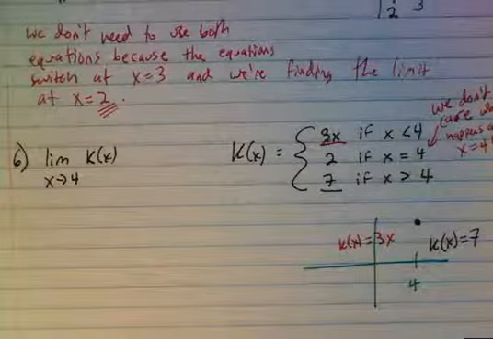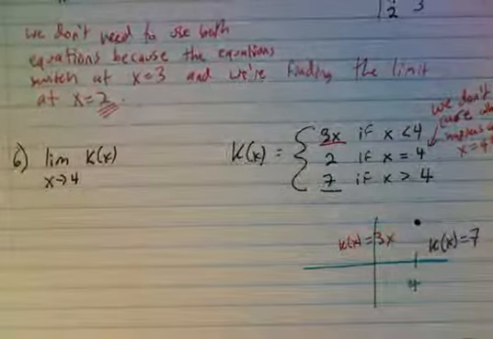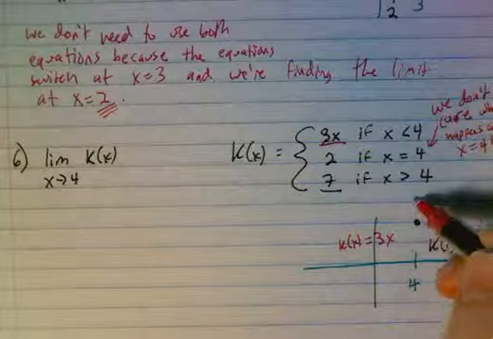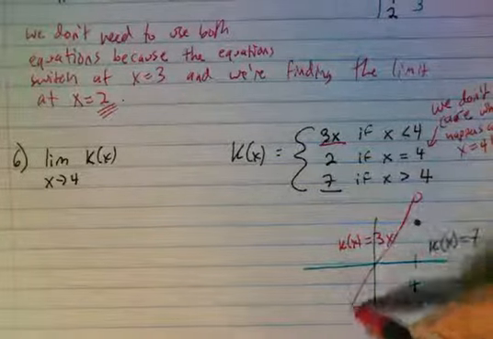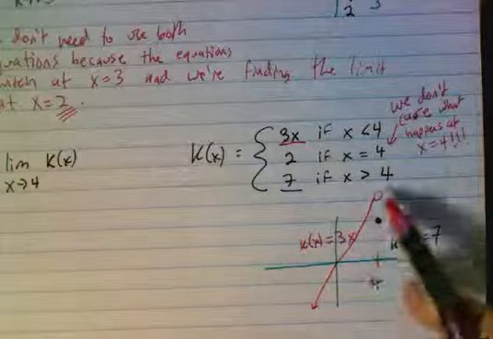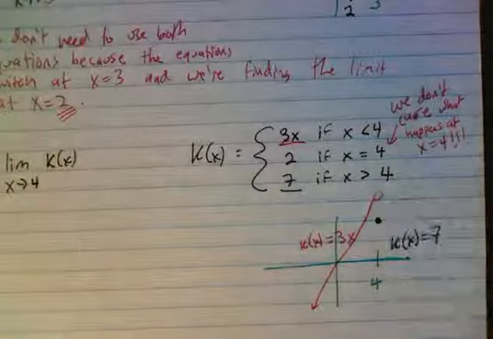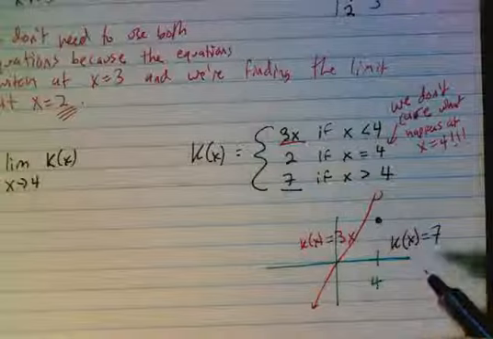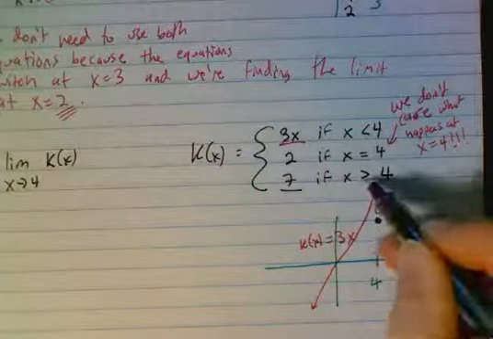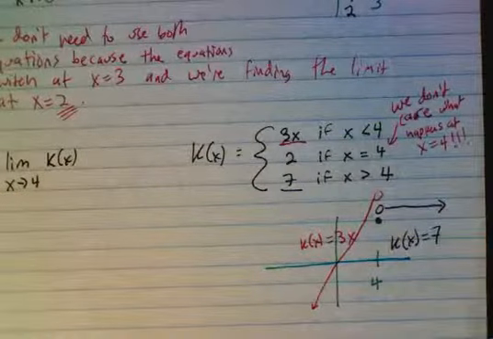We're talking about its hopes and dreams and aspirations. As it's coming from this side, it wants to be on the line 3x. It wants to be on the line that's going through right about like this. You don't have to be able to draw this, but I just want to show you what's going on. It's going like that. And when x is 4, it's going to be at 12. And over here on this side, it wants to be on this line. It isn't right here, because it's not when x is greater than or equal to 4, just when it's greater than. But it wants to be on that line right there.